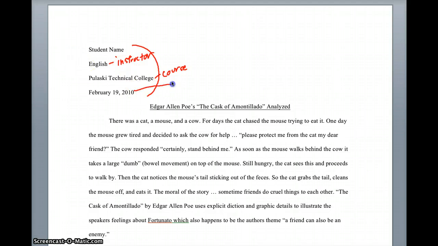And this should be in this format, 19. Right there. Notice here, there's no underlining.